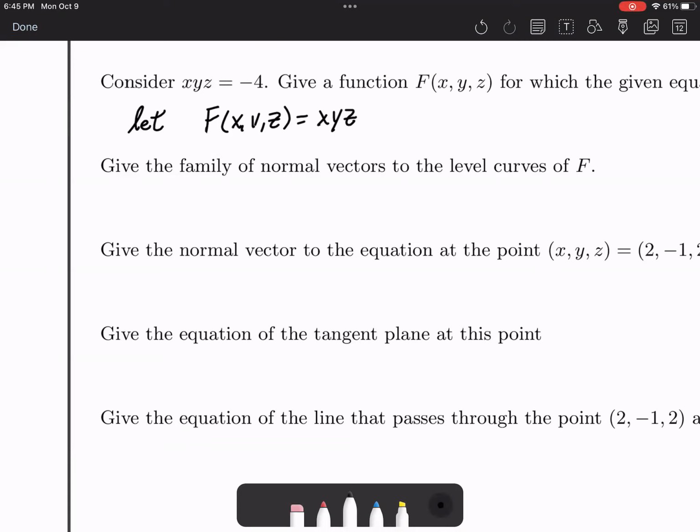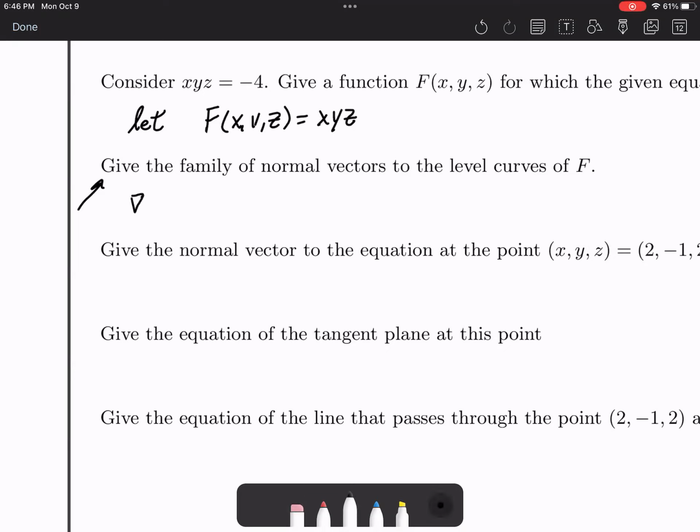All right, next question. Give the family of normal vectors to the level curves. So this function is going to have a bunch of level curves. In fact, here's one of them. The normal vectors to those level curves are given to me by the gradient of this higher dimensional function.